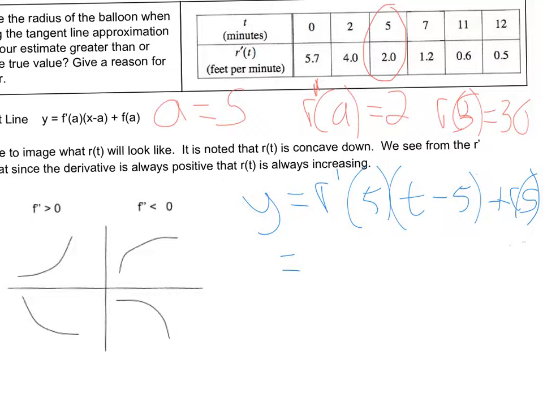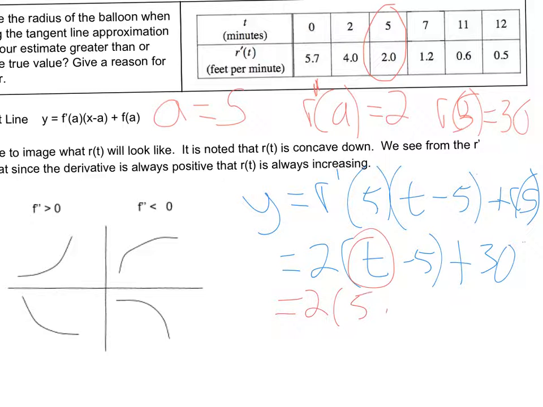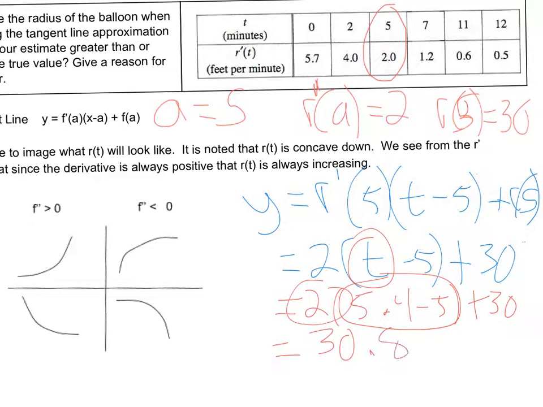R prime at 5 is 2, times t minus 5, plus r of 5, which is given as 30. And now we can substitute t in as 5.4. So it's going to equal 2 times 5.4 minus 5, plus 30. 5.4 minus 5 is 0.4. 0.4 times 2 is 0.8, and that gives us 30.8.